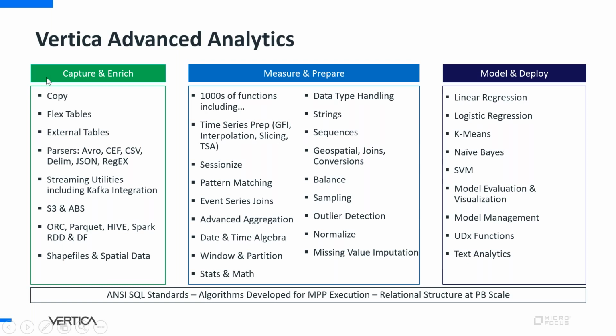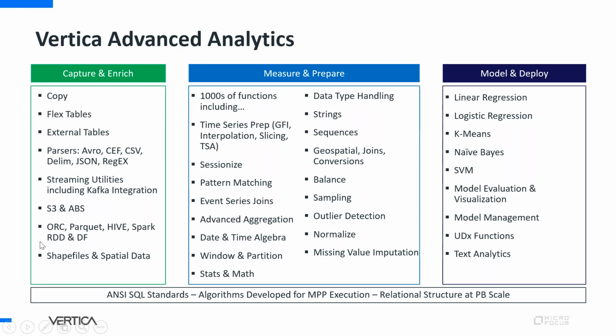On the left hand side, capture and enrich are the methods which help you to load data from different sources. You can read data from a JSON format, or external tables, or if the data is in Avro or different formats.